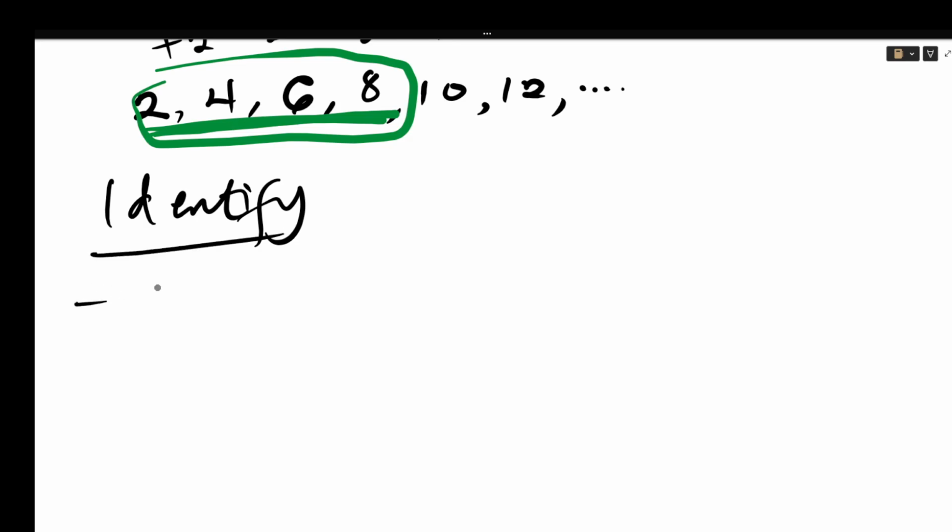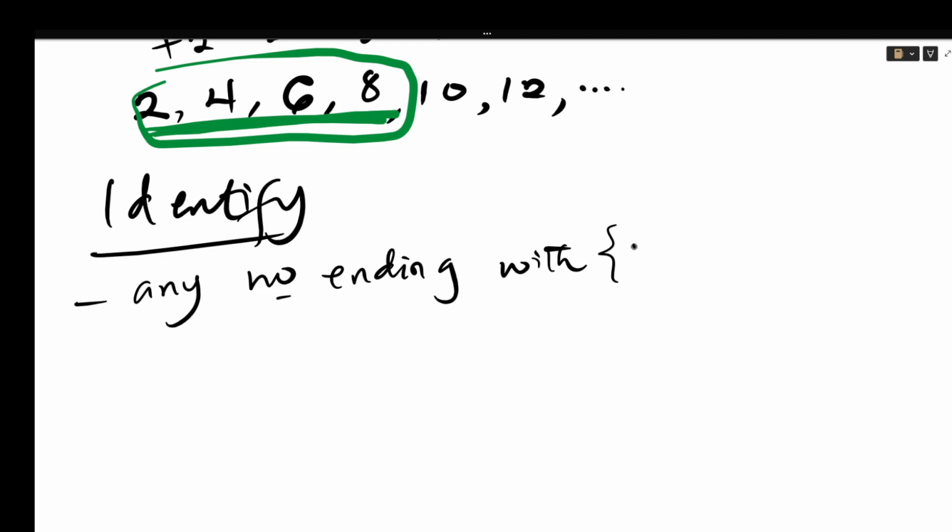So 1, any number ending with any of these, 0, we'll talk about this one. So let me put an asterisk on it. Or 2, 4, 6, 8. Any number ending with any of these is an even number.